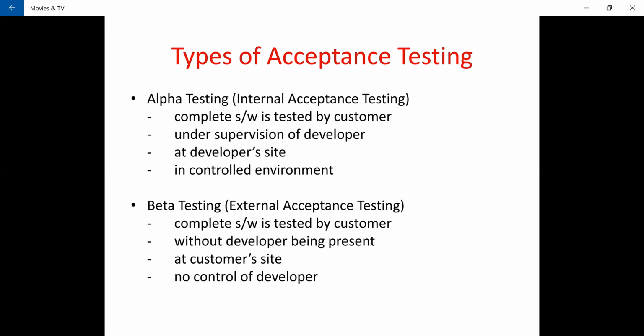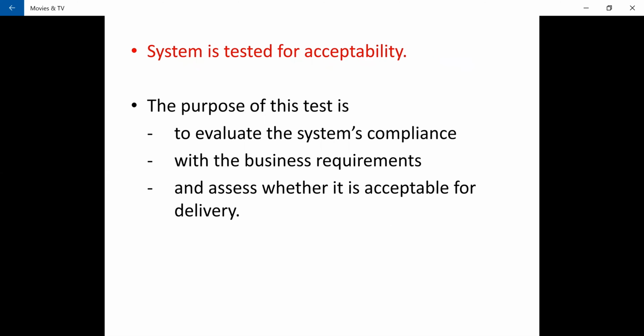The customer uses the software prepared by the developer, and it is tested at the customer side. That is called beta testing. There is no controlled environment and no control of the developer. It is solely performed by the customer, and the system is tested for acceptability.